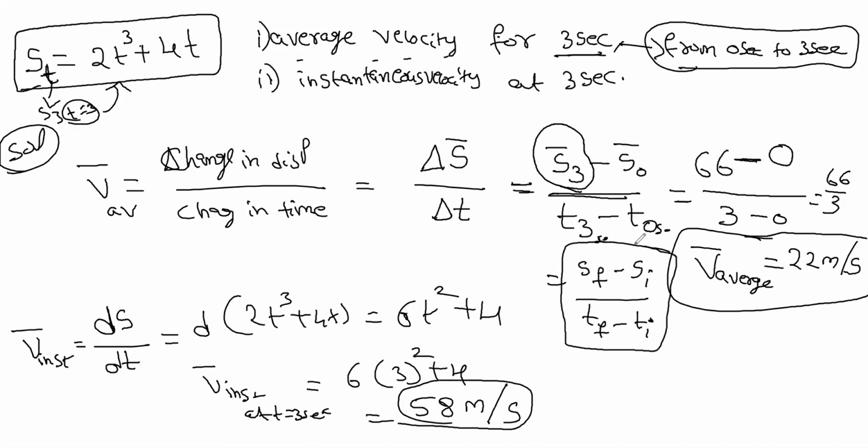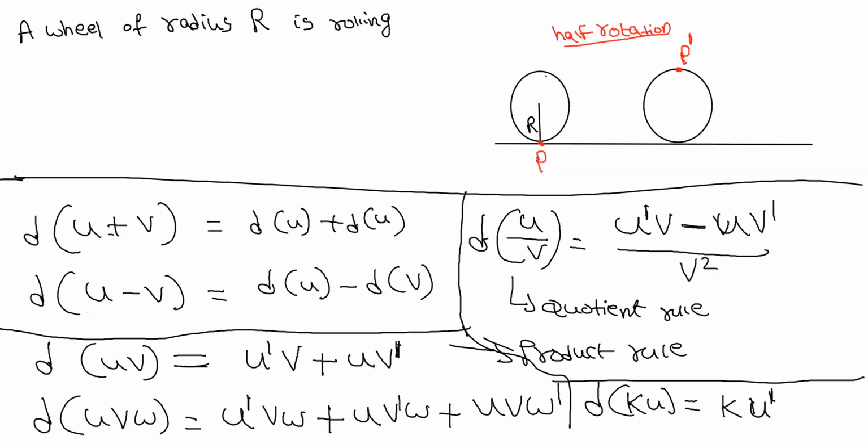We will get this average. If you do ds by dt, we will get the instantaneous. The same procedure applies for acceleration also. Understood this one?